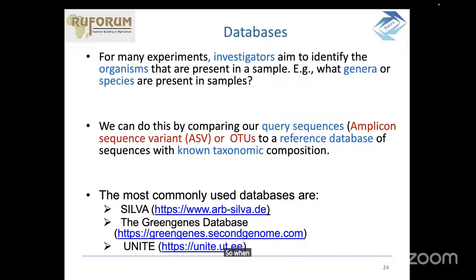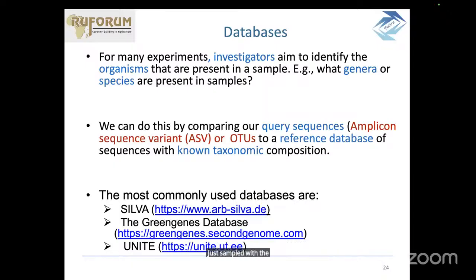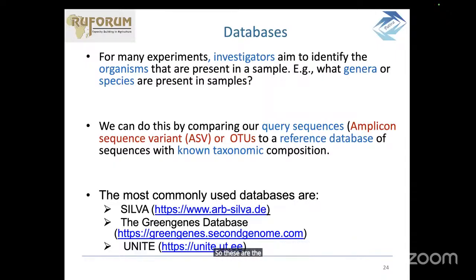When you get your sample, you extract your DNA and send it for sequencing. After doing all this bioinformatic analysis, you have to compare your sample with the samples in the databases. And we have people who have been working on that. So these are the common databases used in metagenomics.